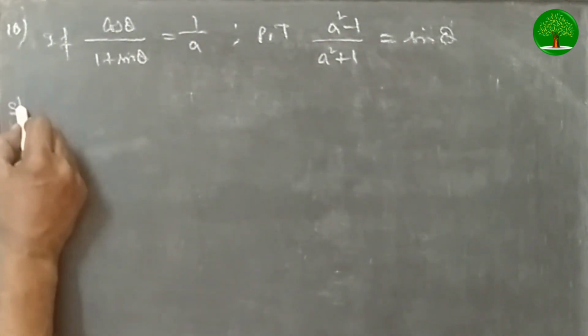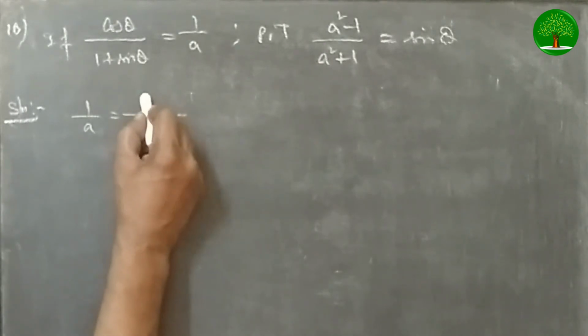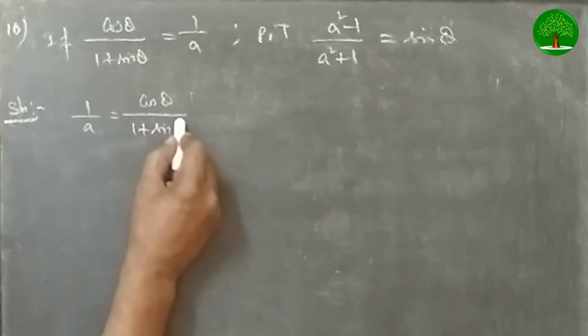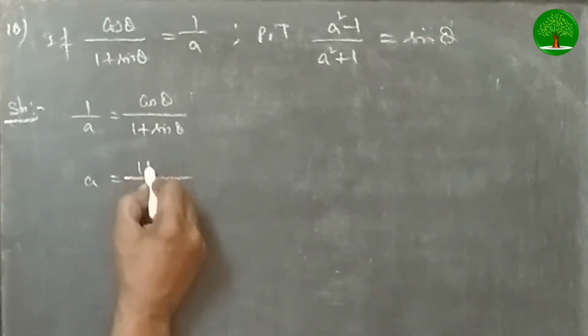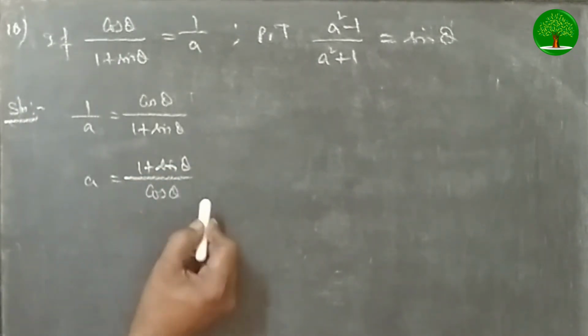Now solution, 1 by a is equal to cos theta by 1 plus sin theta. Therefore a is equal to 1 plus sin theta by cos theta.